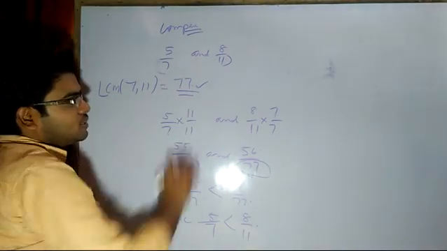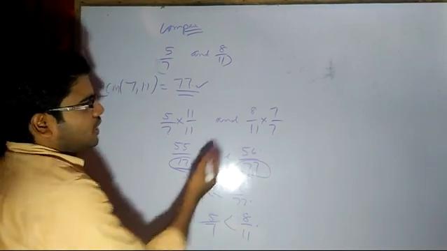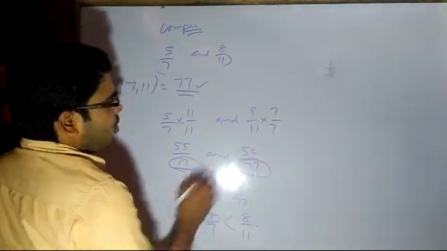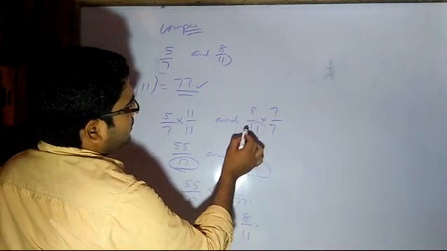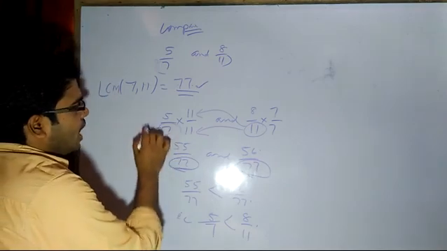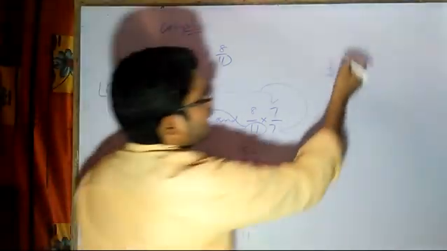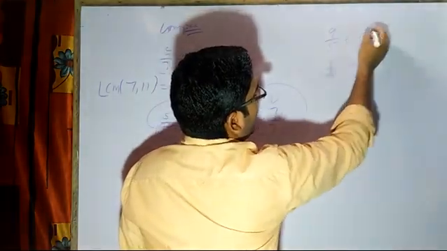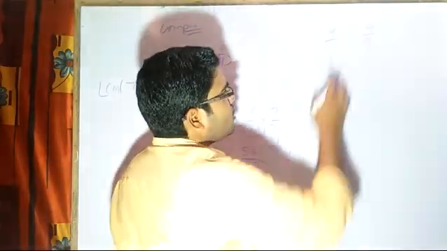In this way you are going to compare the ratios. So you have to convert the ratios, and the most important thing is what I did here: I multiplied the denominator here, and this term I multiplied here and here. If I have 9/5 and 4/9, for example, and I have to compare these two ratios, then what will I do?